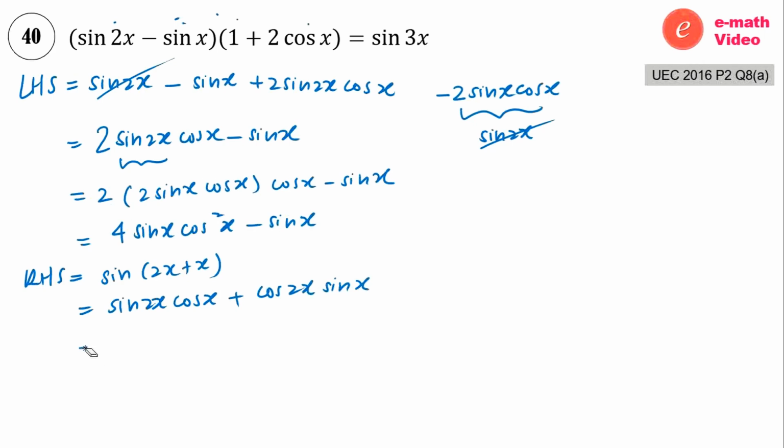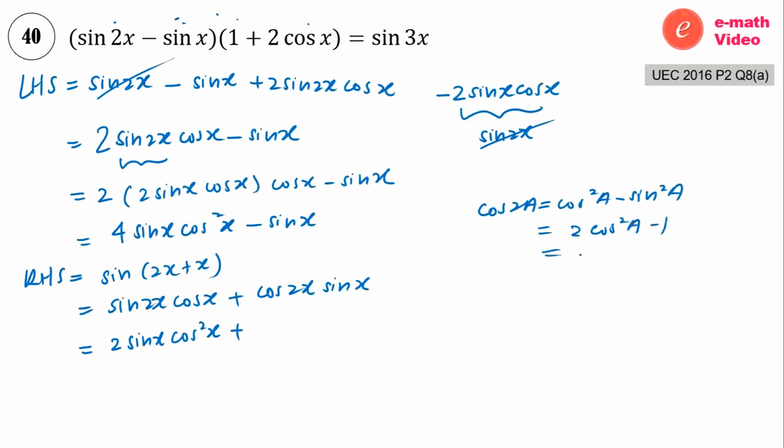For sine double angle, we only have one formula, which is 2 sine x cos x. Cos x times cos x is cos square x. Then plus, we have to choose again. Cos 2a equals to cos square a minus sine square a, or 2 cos square a minus 1, or 1 minus 2 sine square a.